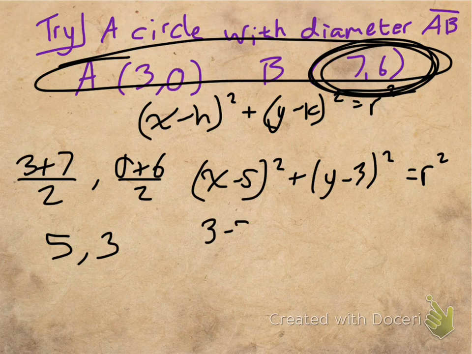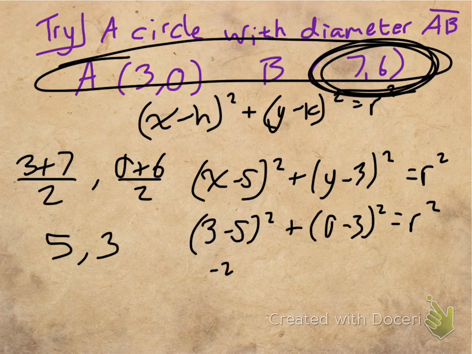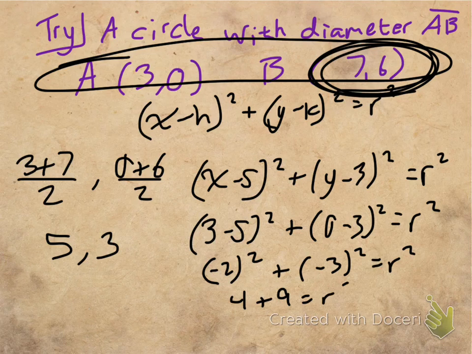So (3 - 5)^2 + (0 - 3)^2 = r^2. So I get negative 2 squared plus negative 3 squared equals r^2. That's 4 plus 9 equals r^2. Therefore, r^2 equals 13, which means that 13 is just going to go here, and I will be done.